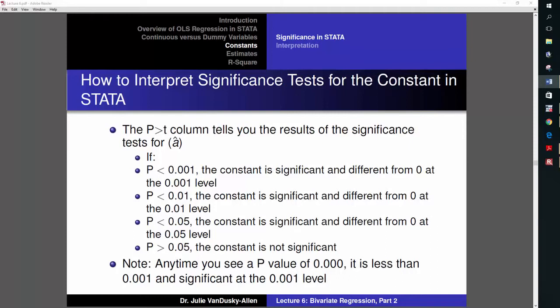If the P value is less than 0.01, then the constant is significant and different from 0 at the 0.01 level. If not, then move on. If P is less than 0.05, the constant is significant and different from 0 at the 0.05 level. If not, then the constant is not significant and is indistinguishable from 0. Also, note that anytime you see a p-value of 0.000, it is less than 0.001 and significant at the 0.001 level.